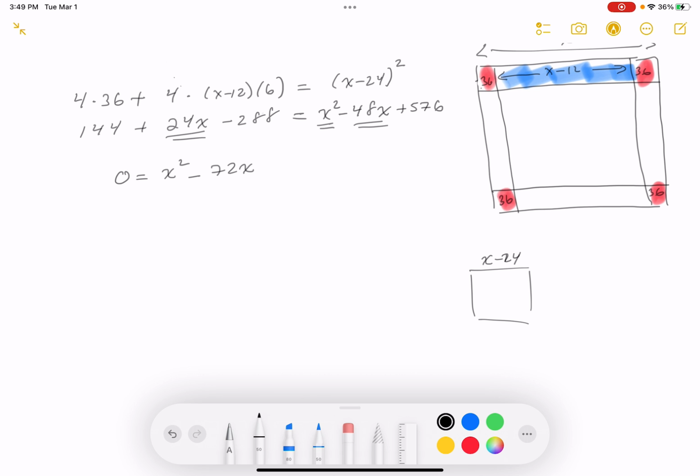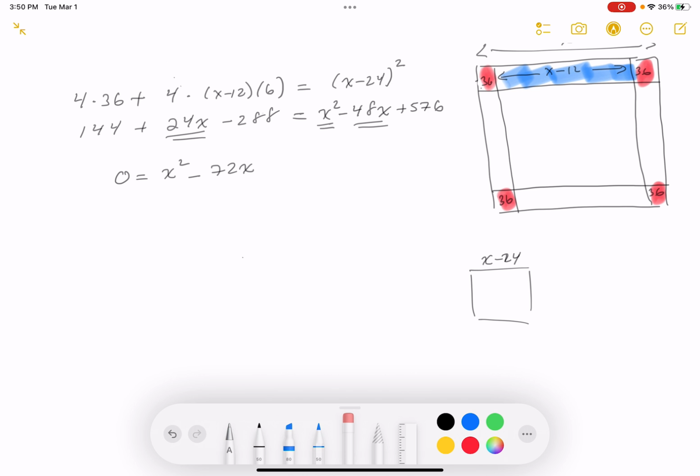And I've got some arithmetic to do over here. I get 144, and I've got to take that from 576, right? Let's see, 2, 3, 432. I made another mistake. Let me erase before I commit myself to making more and more mistakes.